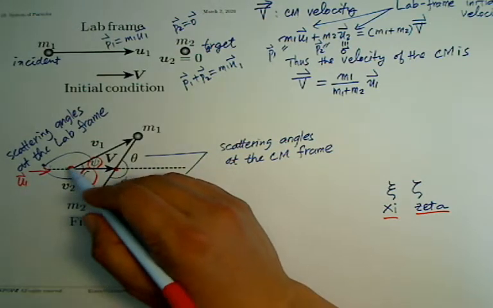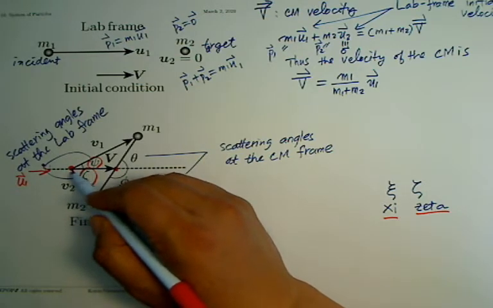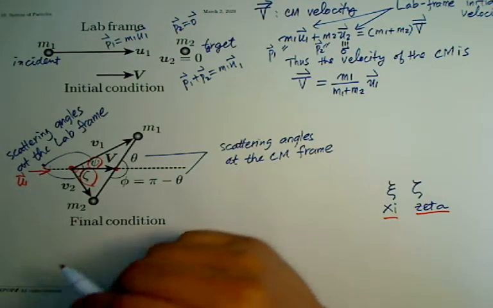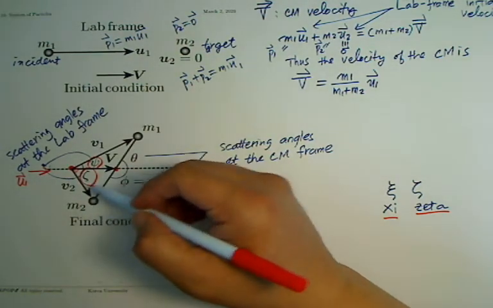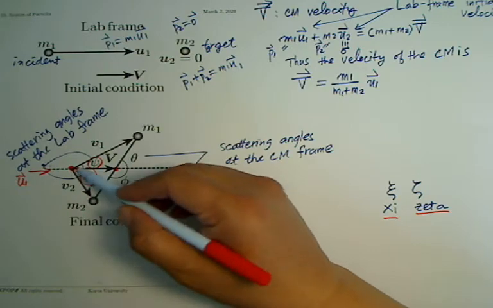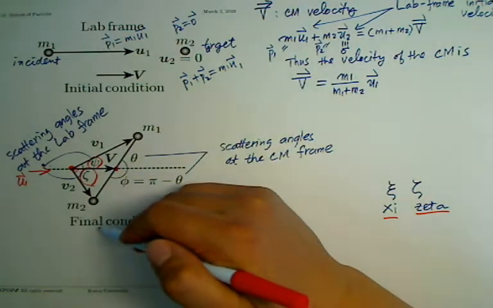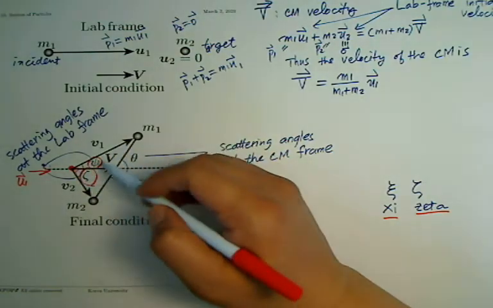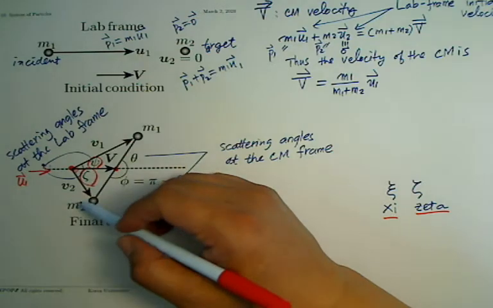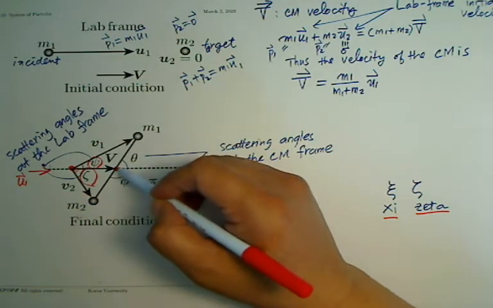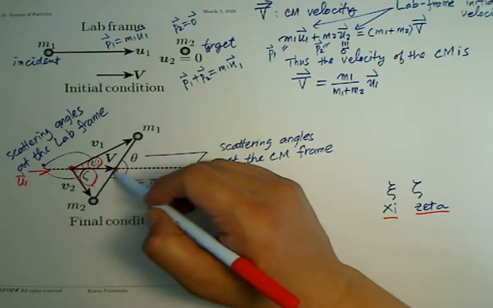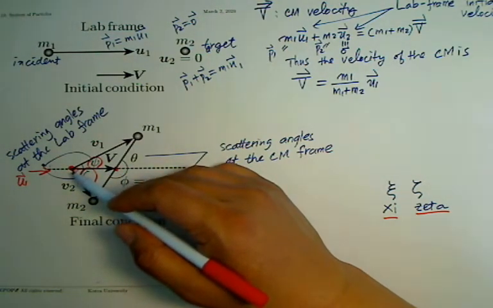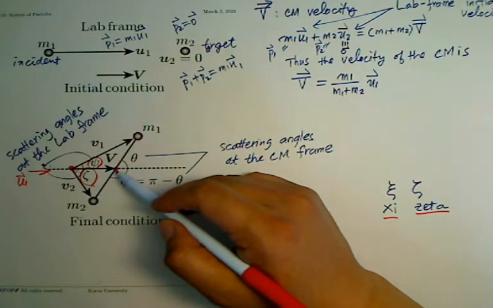And when the collision happens, at that instance the center of mass was placed at that position. Therefore, because the times elapsed from here to there, here to there, here to there are all equal, these three lengths show the ratio of the three speeds. The center of mass velocity should be along the incident particle because the target was at rest at the lab frame. So capital V is this.